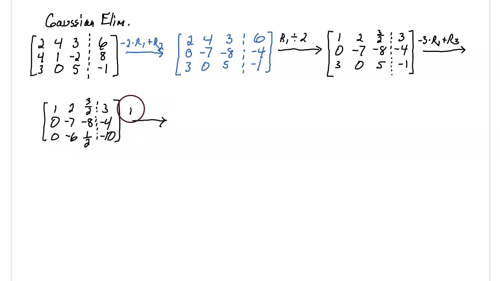Next, I'm going to take row 2 and divide by -7.